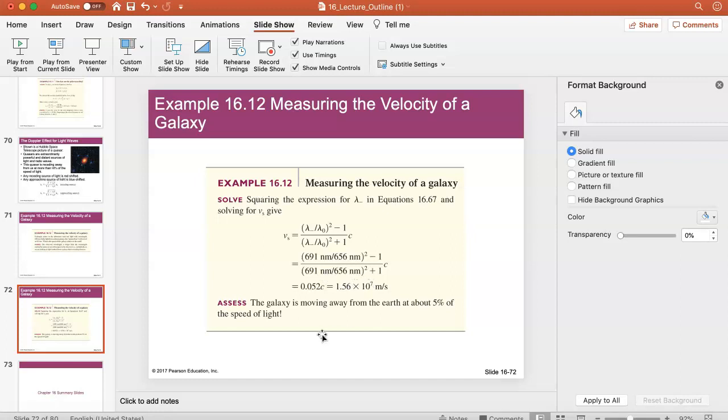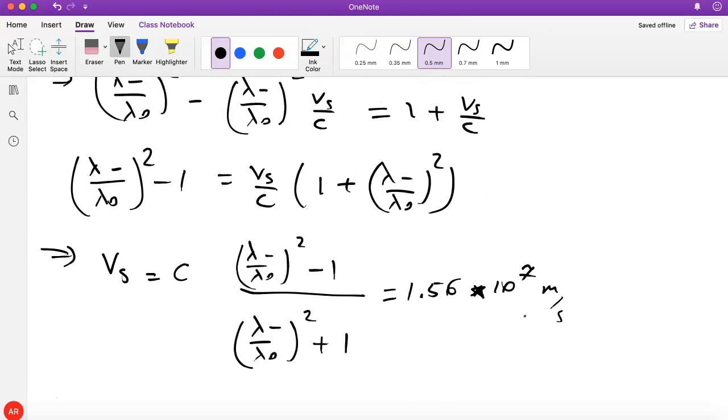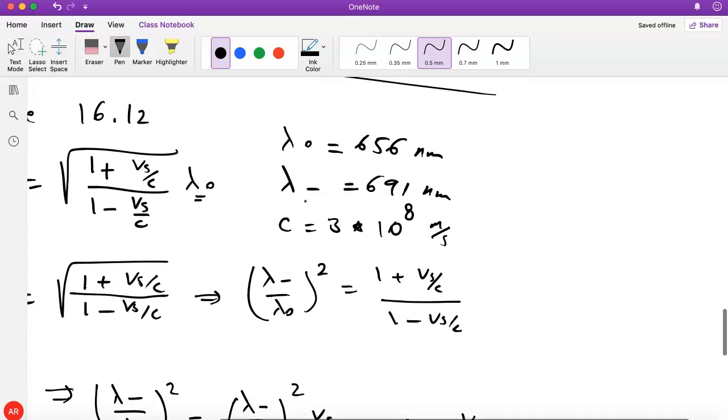We just put in the number, so it's going to be 1.56 times 10 to the 7. Notice that because the ratio of lambda minus and lambda naught appears, you don't need to convert these to meters as long as they have the same dimensions, right? As you divide them, you get a dimensionless number. So we must make sure that those two wavelengths have the same dimension.